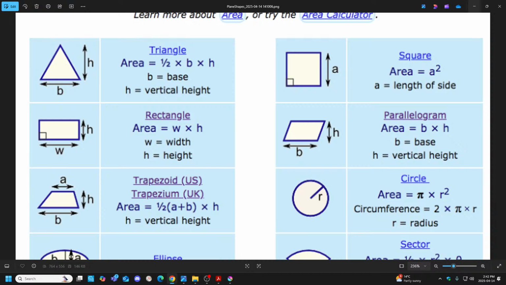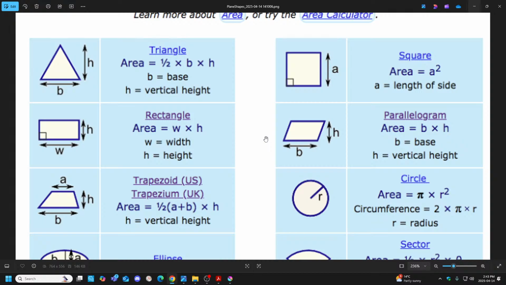Regular quadrilateral. A square is a regular quadrilateral because it has equal sides and equal angles. Equal sides: all four sides of a square have the same length. Right angles: each of the four interior angles, interior meaning inside, all four of them measure 90 degrees.